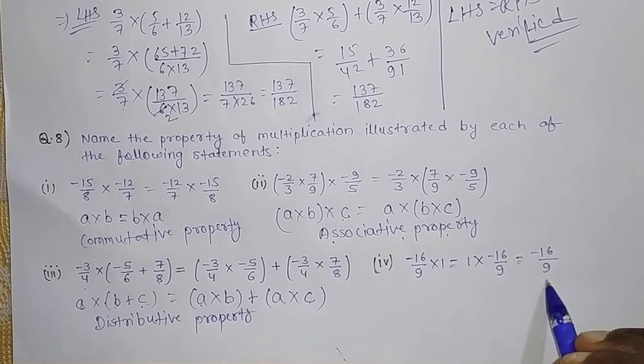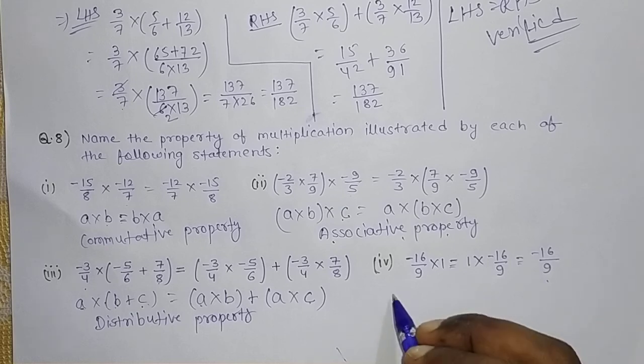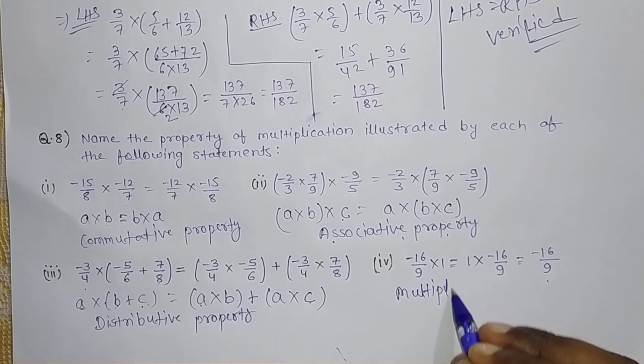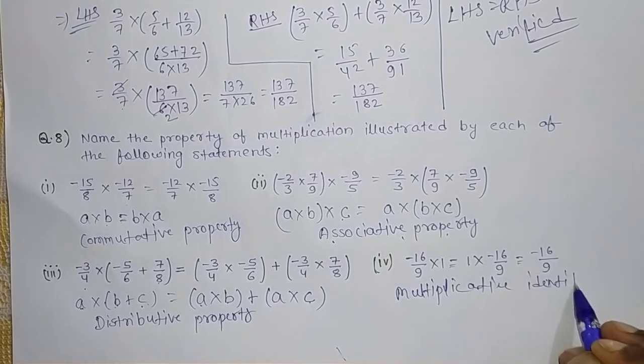So simply we know that if a number is multiplied by 1, even on changing their place, the number stays the same, so this is the multiplicative identity. You know that? So this is the multiplicative identity.